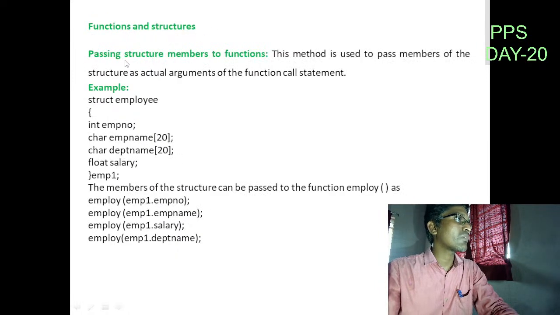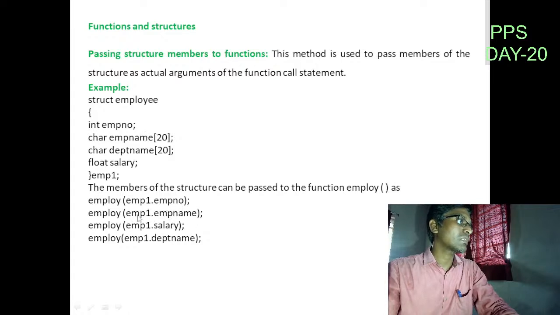Next is functions. You already discussed functions. Now how are we going to use functions with structures? We pass structure members to functions. Here employee is a function name, and inside that employee function I'm going to pass members of the structure like emp1, which is a structure variable, followed by the dot operator and the structure member, emp number.